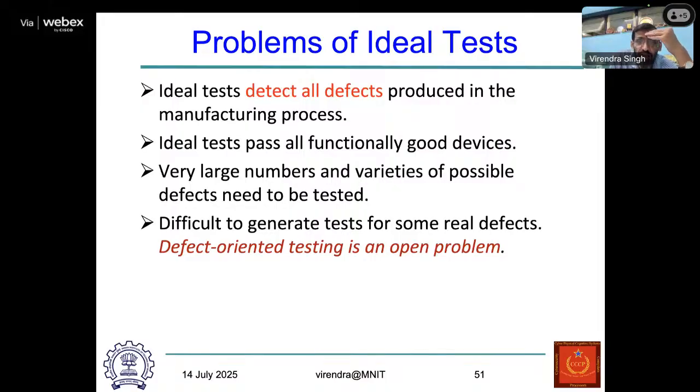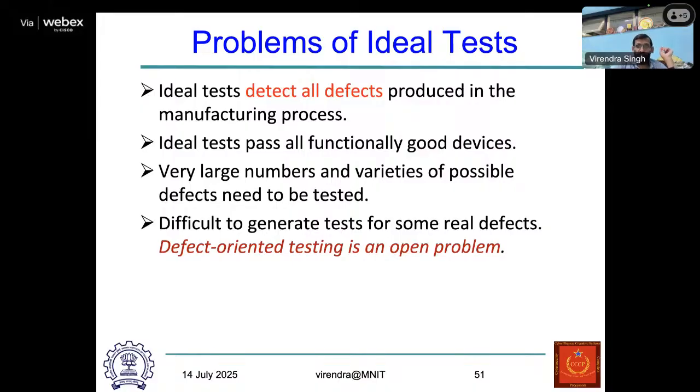An ideal test should pass all the functionally good devices, and it should fail all the bad devices that we are producing. These defects are very large in number, and they are of great variety. There can be many kinds of defects that can happen, and those perhaps we may need to test.